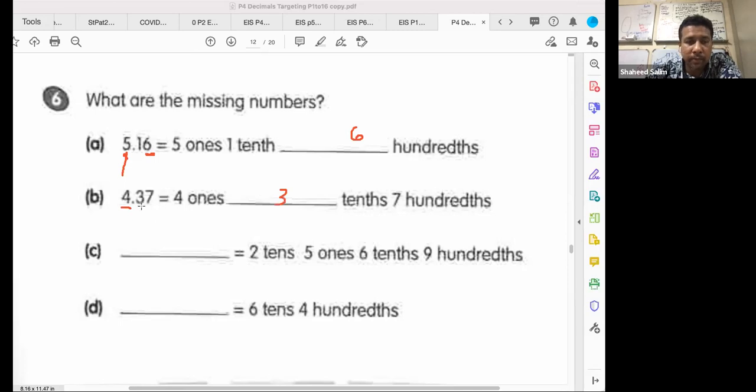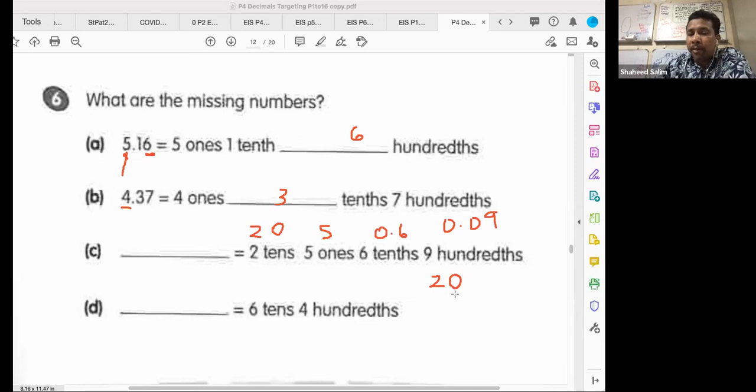4 ones, 3/10 lah. Then 700. So now if you say 2/10 is 20. 5/1 is 5. 6/10 is 0.6. Remember, ones, tenths. 100 is 0.09. Now, some of you do not know how to do this. Okay, you can arrange them in a straight row.